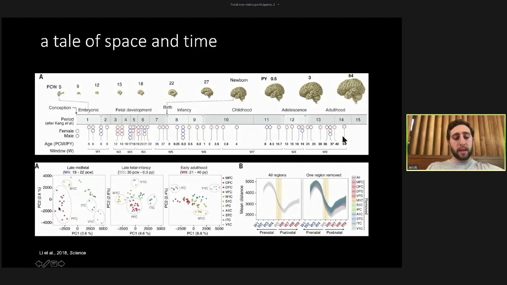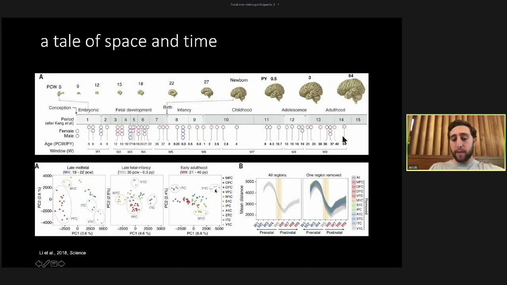The cortex tends to cluster on its own in terms of trajectories of gene expression overall, whereas subcortex has its own trajectory. And right here, I'm showing the plots that they made purely for cortex. So within cortex, there's also a spatial heterogeneity that is observable also in the Allen Human Brain Atlas.